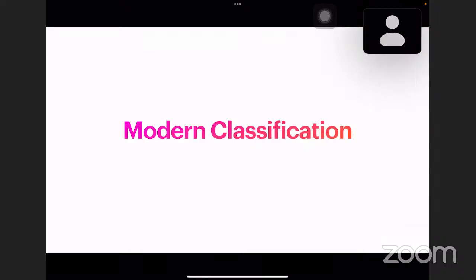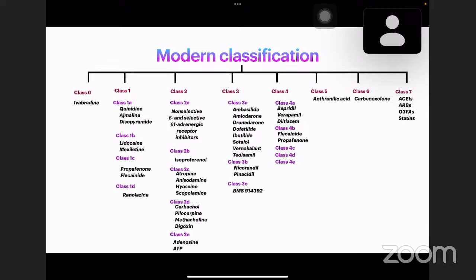Then they started thinking about the modern classification, and in 2018 they updated it. This contains 8 classes, class 0 up to class 7, and all the drugs used in cardiac patients and for cardiac arrhythmias are divided into these classes. Some of them are divided into subclasses. It's an extension of the Miles Williams classification. This is not a new classification.